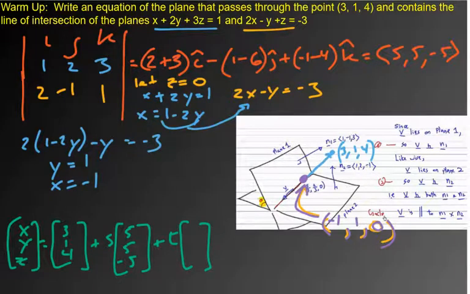Now you have a point, and you have another point outside the line, (3, 1, 4), and you could just find this vector by doing subtraction, and basically the problem's over. So we'll just do 3 minus -1 is 4, and then 1 minus 1 is 0, and then 4 minus 0 is 4.